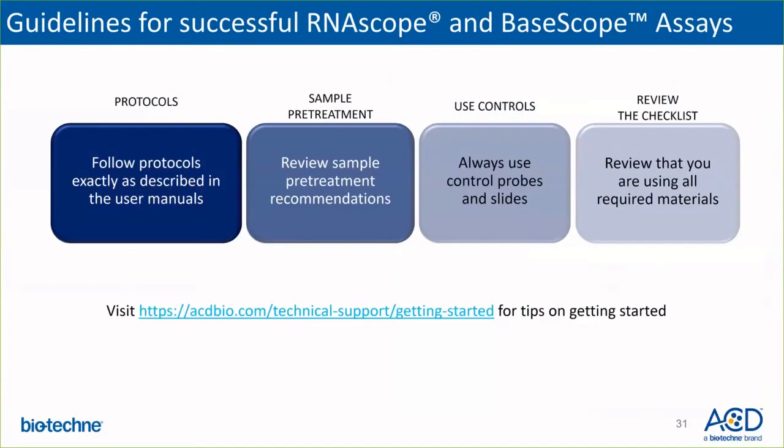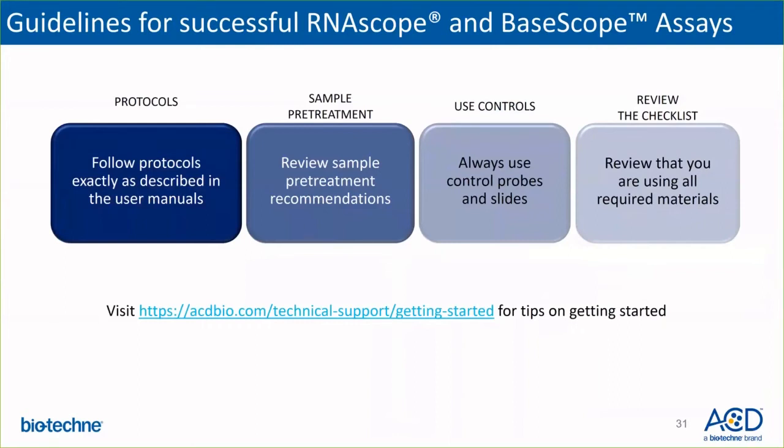Some general tips to ensure success with the RNAscope and BaseScope assays are shown on this slide. First, follow the protocols. We have various protocols with necessary details to help address the best way to run the assay. Next, sample pretreatment is very important to ensure that you get the most optimal RNAscope signal.